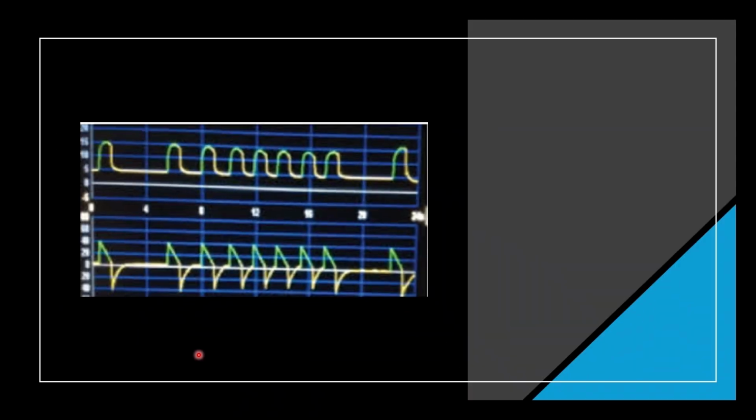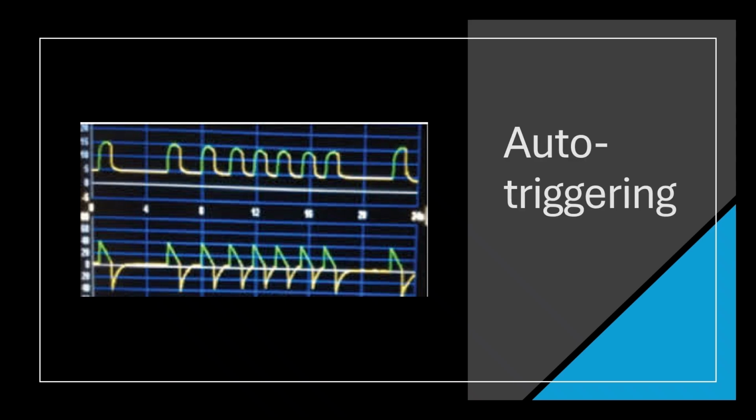Now, what is this? This is also very important to know. So there are successive breaths. These breaths are because of auto triggering of the ventilator, which is responsible for this kind of waveform.